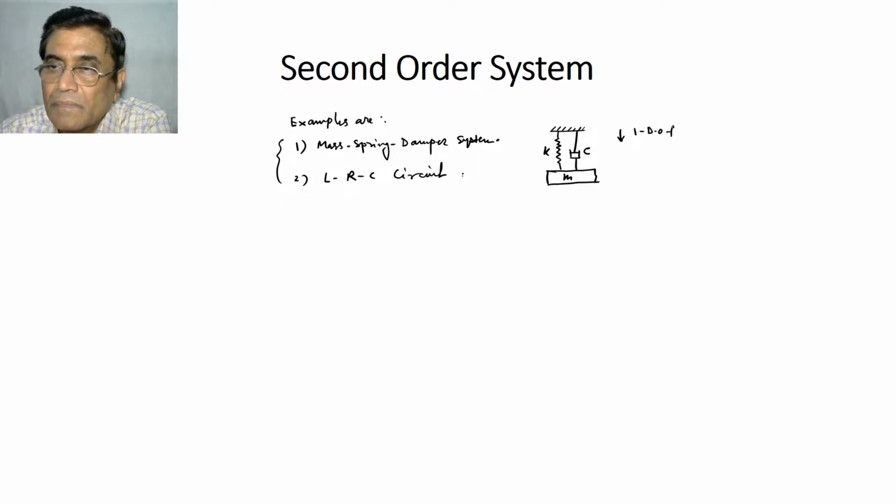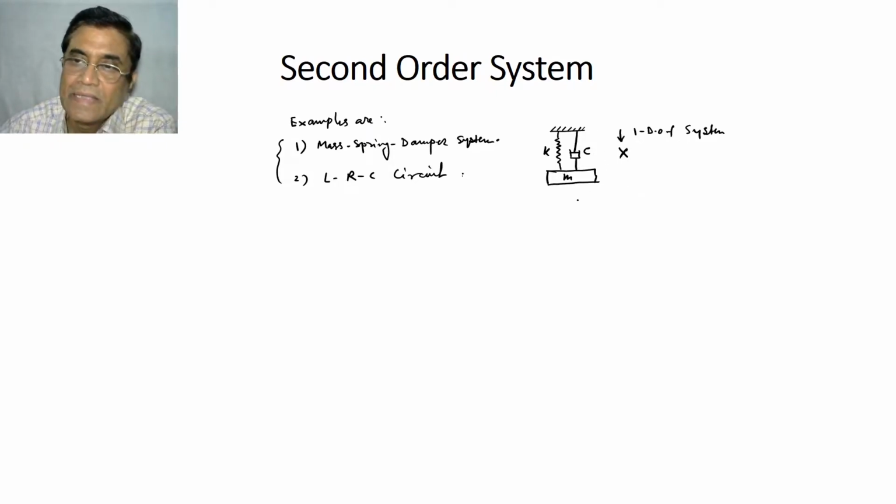Meaning that, if this is my direction of motion, this will be 1 degree of freedom, that is x only, no x, y, or anything other than that. So this is a single degree of freedom system. That means the system can be represented by one parameter x, the motion of the system.